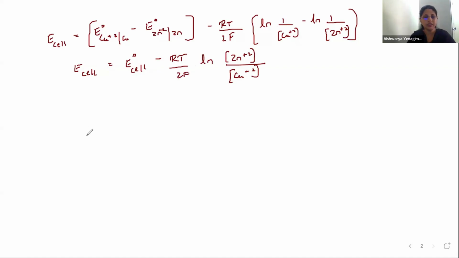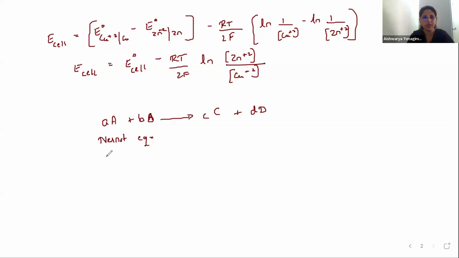So in general, if I'm having a moles of A and b moles of B reacting to give c moles of C plus d moles of D, if this is my reaction, then what will be the Nernst equation? Tell me.